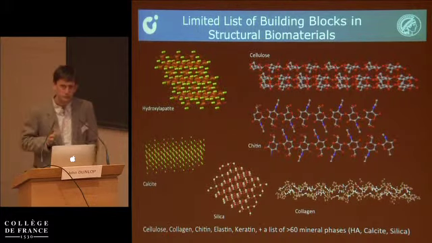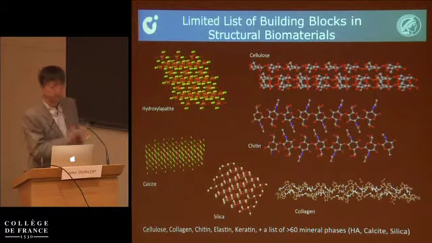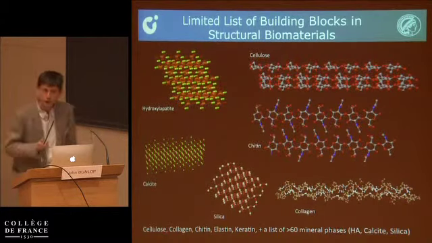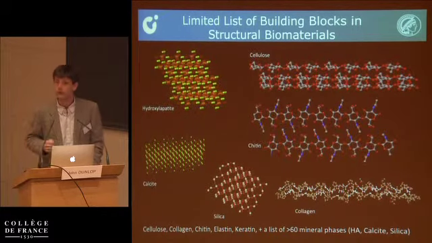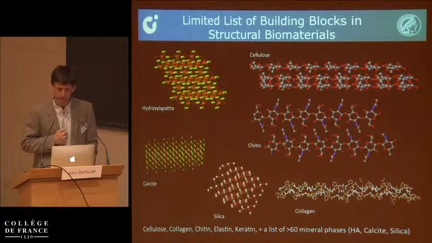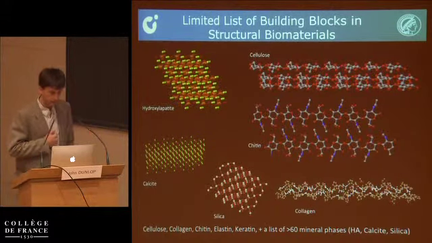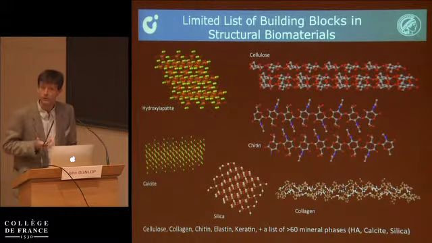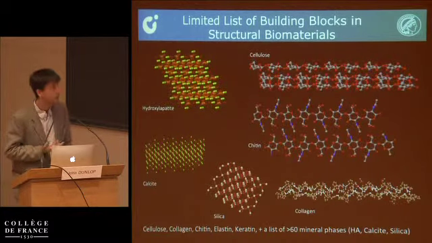And I say that with a very broad brush, because if we take collagen, for example, there's not just one type of collagen, there are many different forms, but the rough structural motif is fairly well conserved. Silica, calcite, hydroxyapatite, cellulose and chitin.